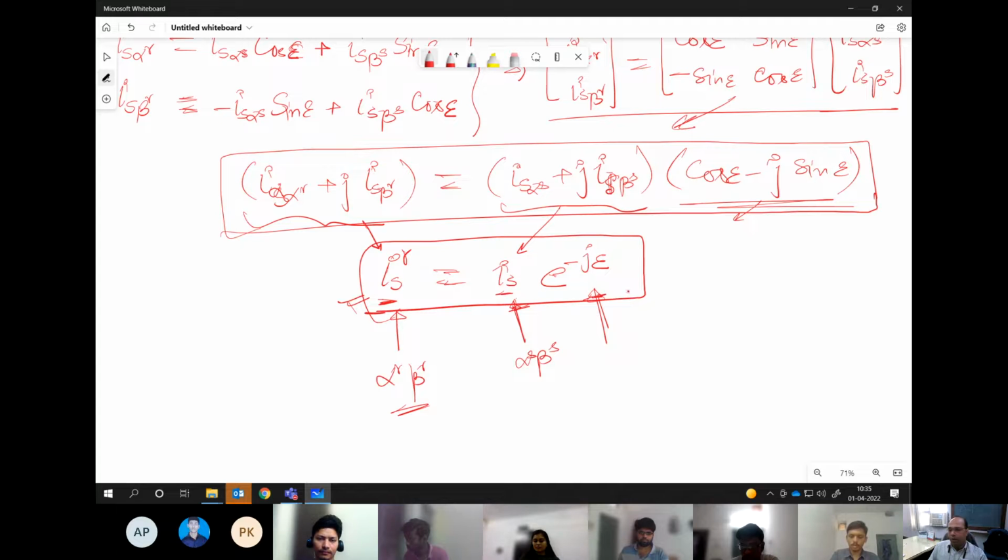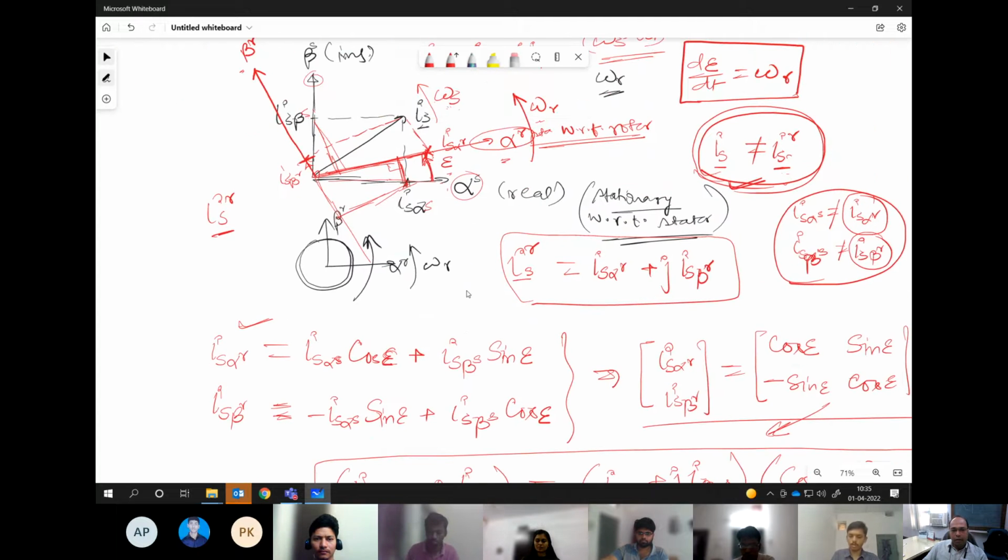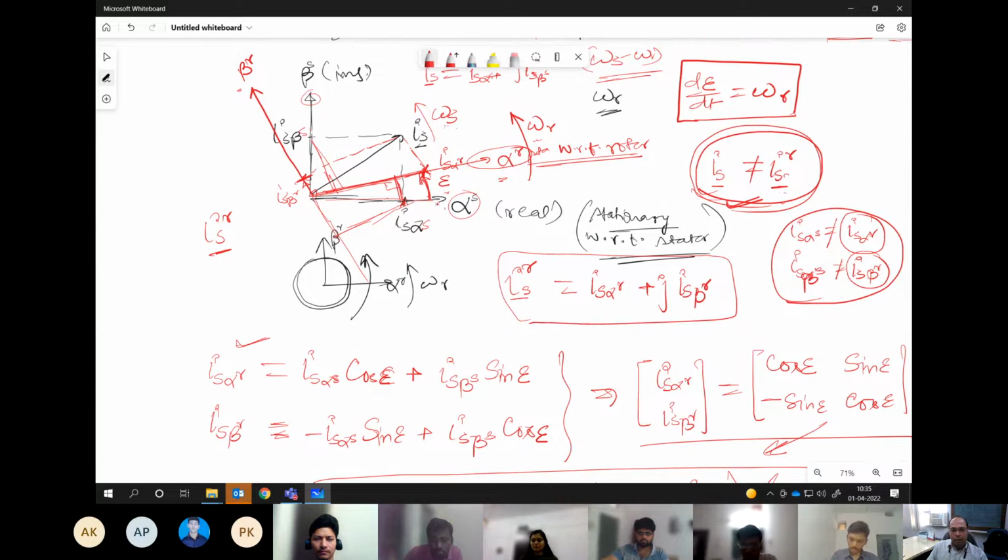That's the meaning of this expression. And this unit vector is taken by the angle formed between the present reference frame alpha s beta s and the new reference frame alpha r beta r in the counterclockwise direction. Do you get this understanding?